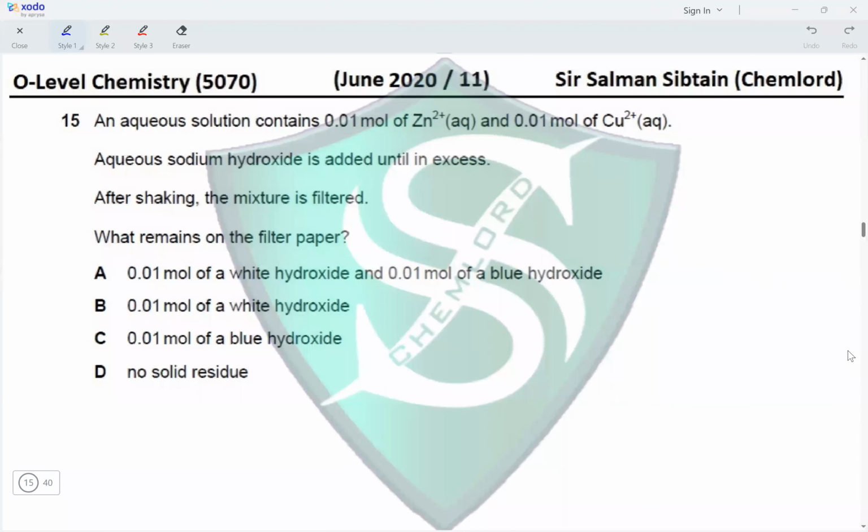Question 15. An aqueous solution contains 0.01 moles of Zn2+ and 0.01 moles of Cu2+ aqueous. Aqueous sodium hydroxide is added until in excess. After shaking, the mixture is filtered. What remains on the filter paper?